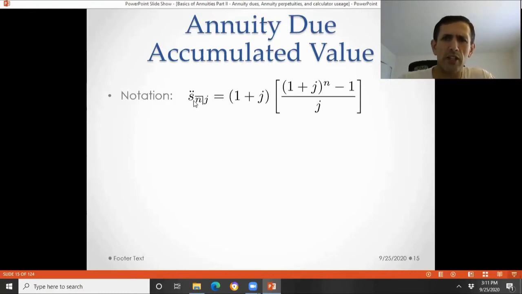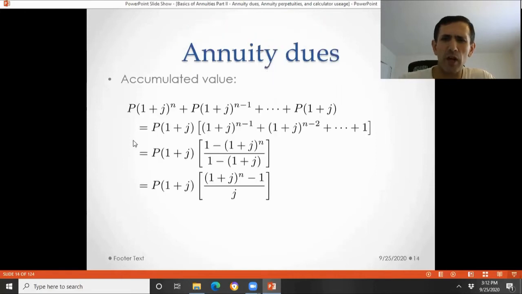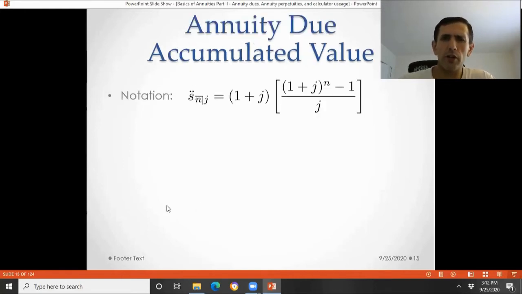So s-double-dot-angle-N at J is this formula, this quantity right here, and it's exactly what I have here with P equals 1. You can interpret this as the accumulated value of an annuity due, interest rate J, N periods, where the deposit per period, at the beginning of each period, is just $1.